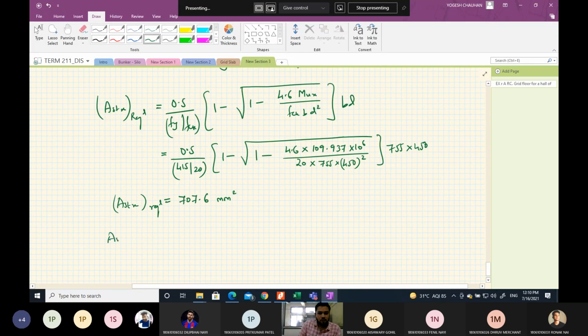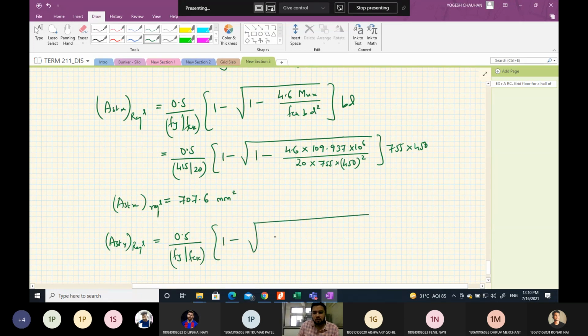And AST Y required is equal to 0.5 by Fy by Fck whole multiplied by 1 minus under root of 1 minus 4.6 MUY divided by Fck Bd square, multiplied by Bd.